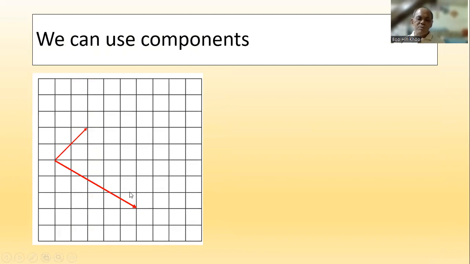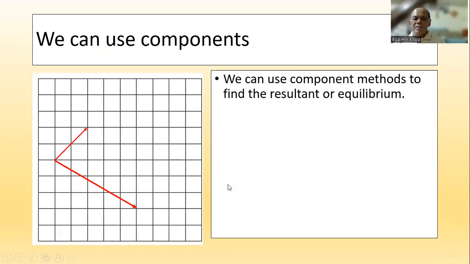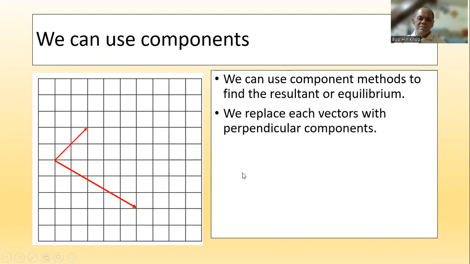You can also use components instead of two forces. We can use the component method to find the resultant or equilibrant. We replace each vector, these are the two vectors, with perpendicular components.